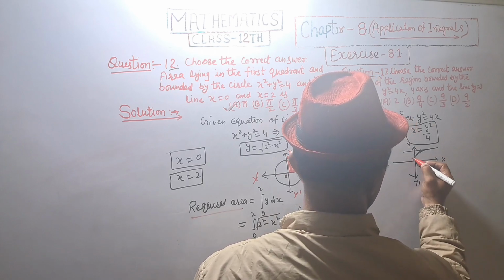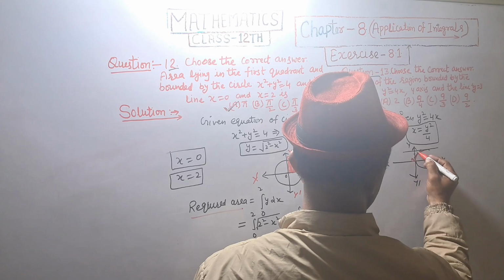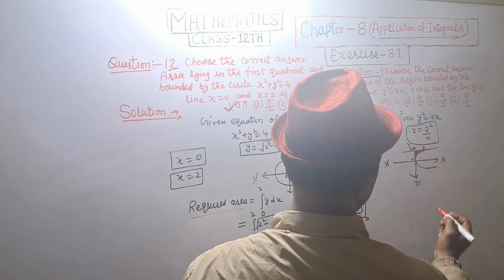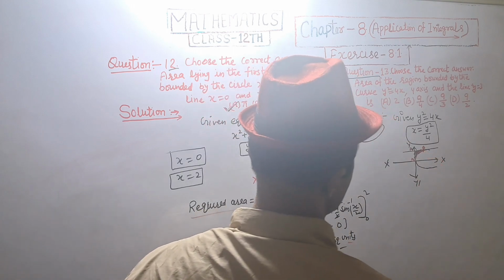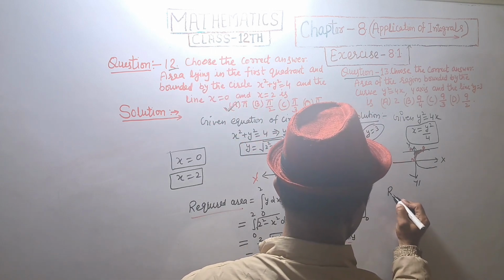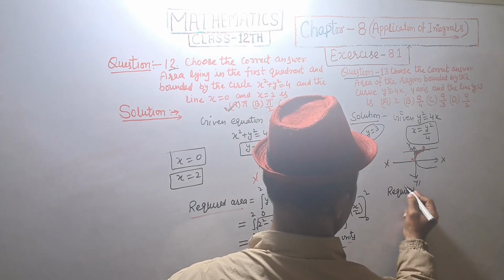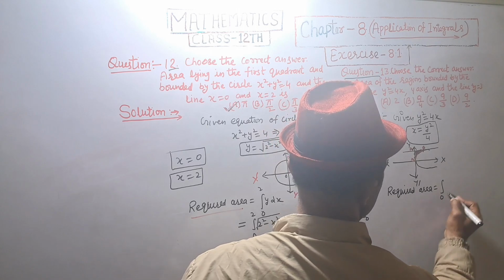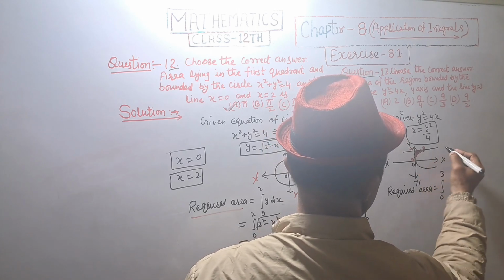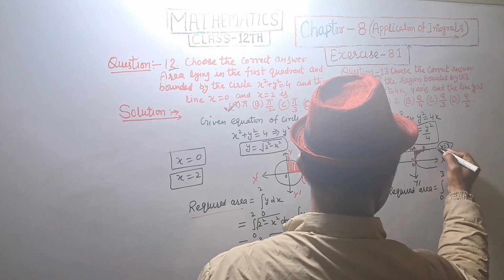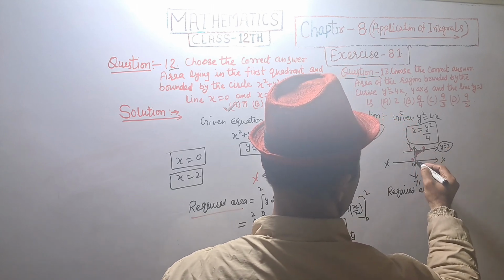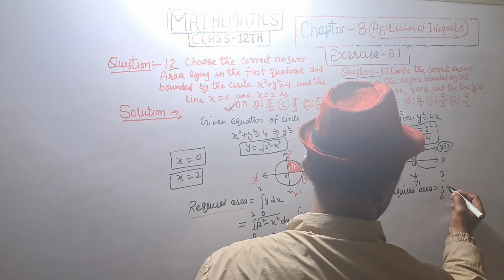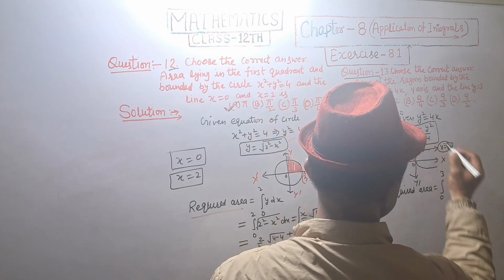That is O, A and B. So required area is equal to integration of limit lies 0 to 3, 0 and y is equal to 3. This point is 0 and 3 and limit lies between 0 to 3, x dy.